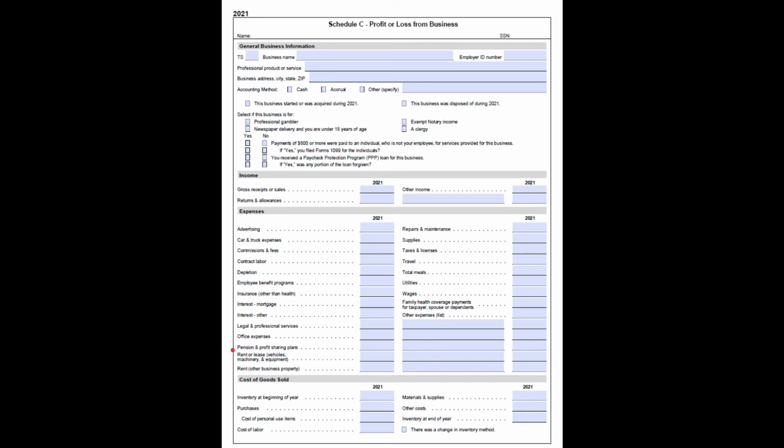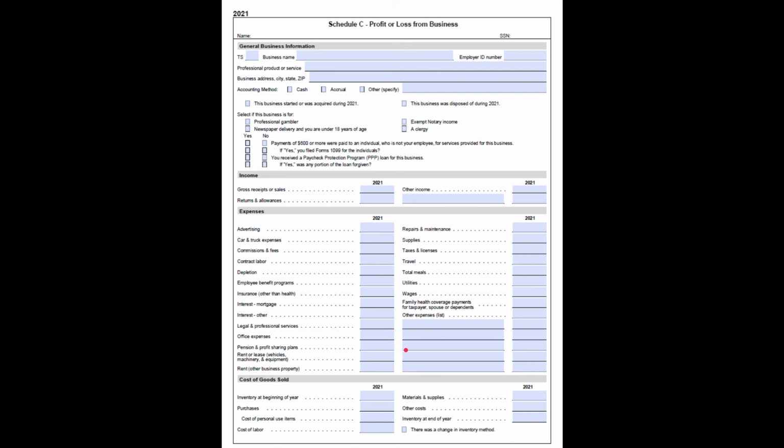Pension and profit sharing plan, again, is going to be for any contributions the business made for your employees. Any contributions the business made for you would be reported on the Schedule A, as an adjustment where we earlier spoke of.